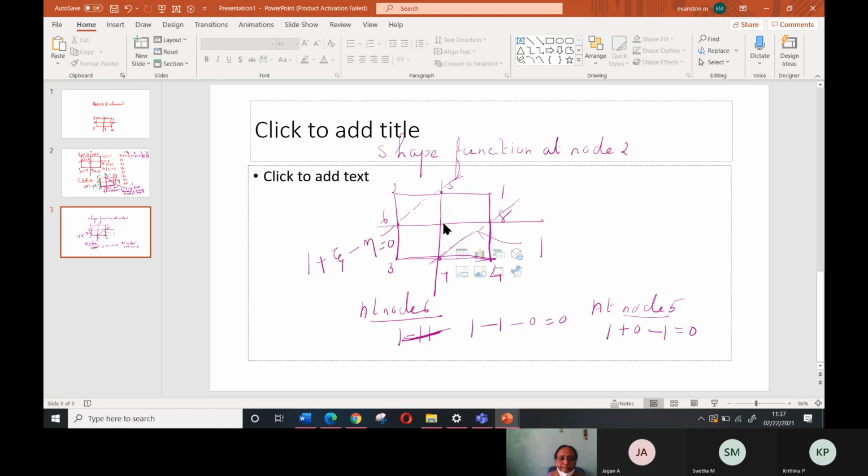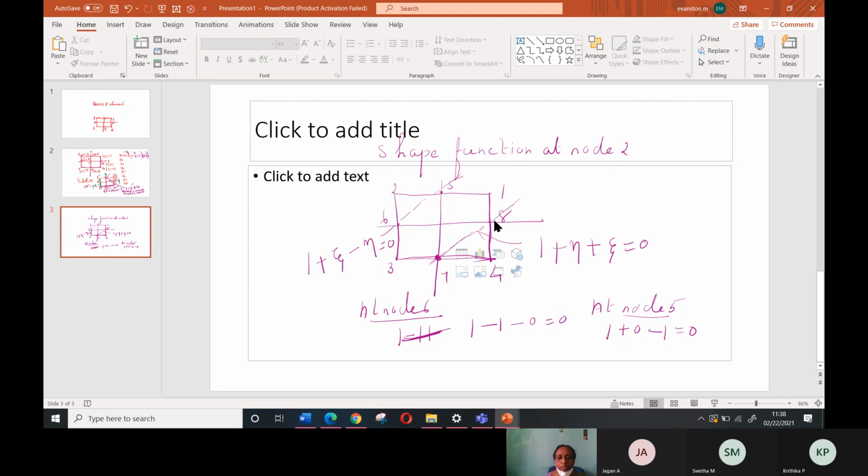Here eta is negative, so you have to put plus eta, and xi is equal to 0 here, so plus xi is equal to 0. So when I check at node 7, eta is equal to minus 1, so 1 minus 1 plus 0 is equal to 0.